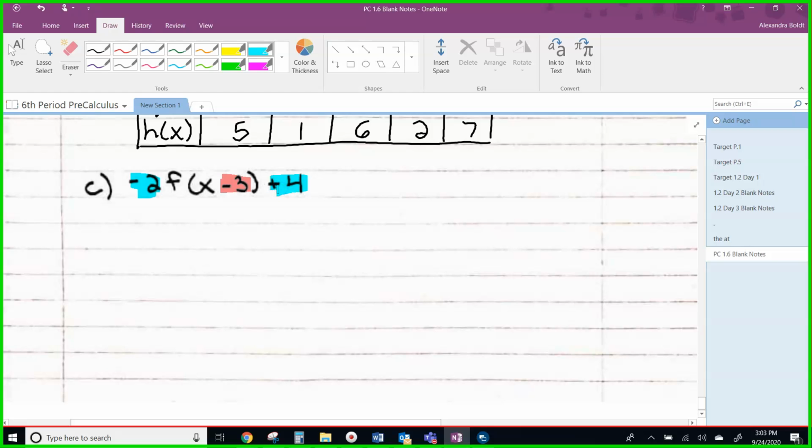So that means we're going to be changing both our x value and our y value. So again, our x value changes by doing the opposite. So the opposite of subtracting 3 is adding 3. Our y value changes just how it is. So it's going to be negative 2.